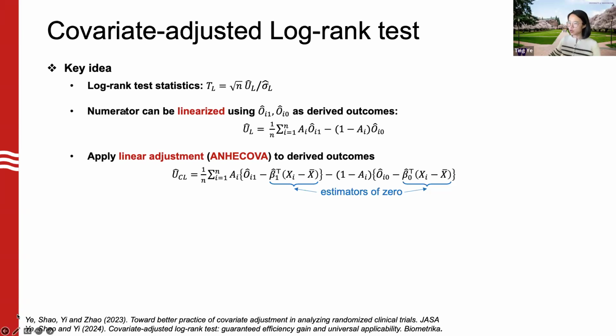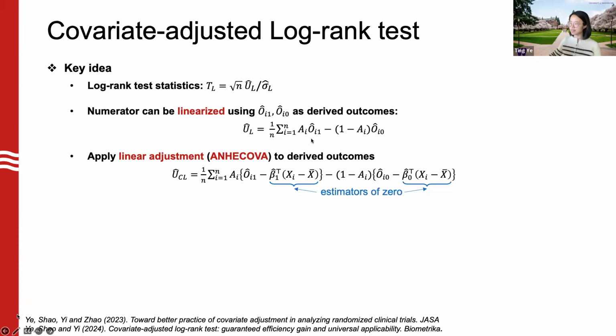What we do is linearize the numerator, because the numerator has quite involved terms, with the risk set calculation involving all the participants in the data. So we linearize it and make sure it looks like an IID summation.